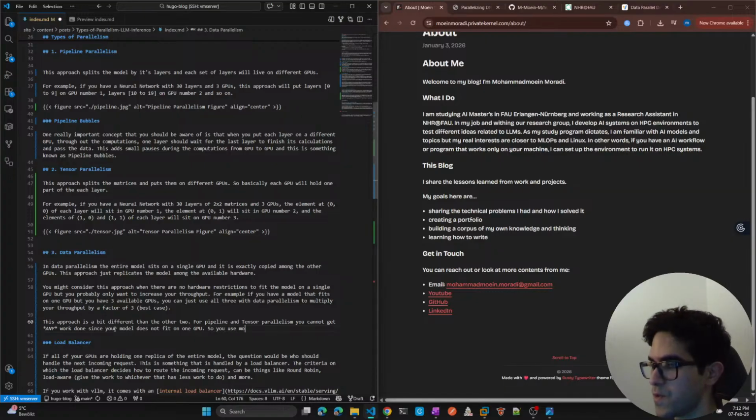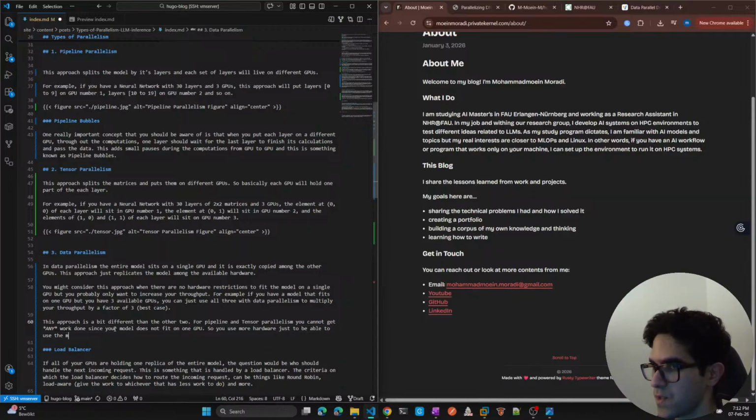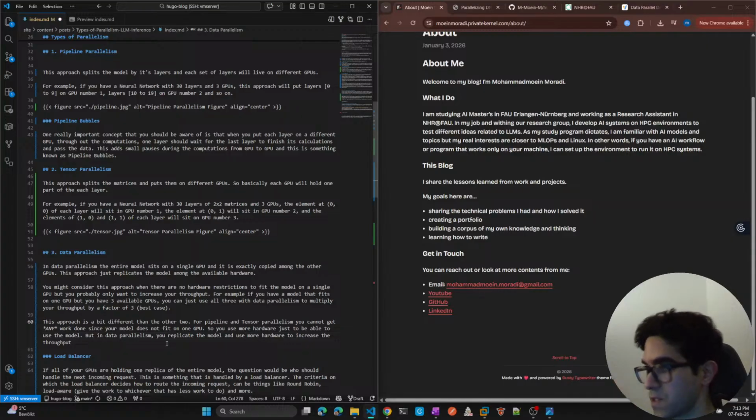So you use more hardware just to be able to use the model, but in data parallelism you replicate the model and use more hardware to increase the throughput.